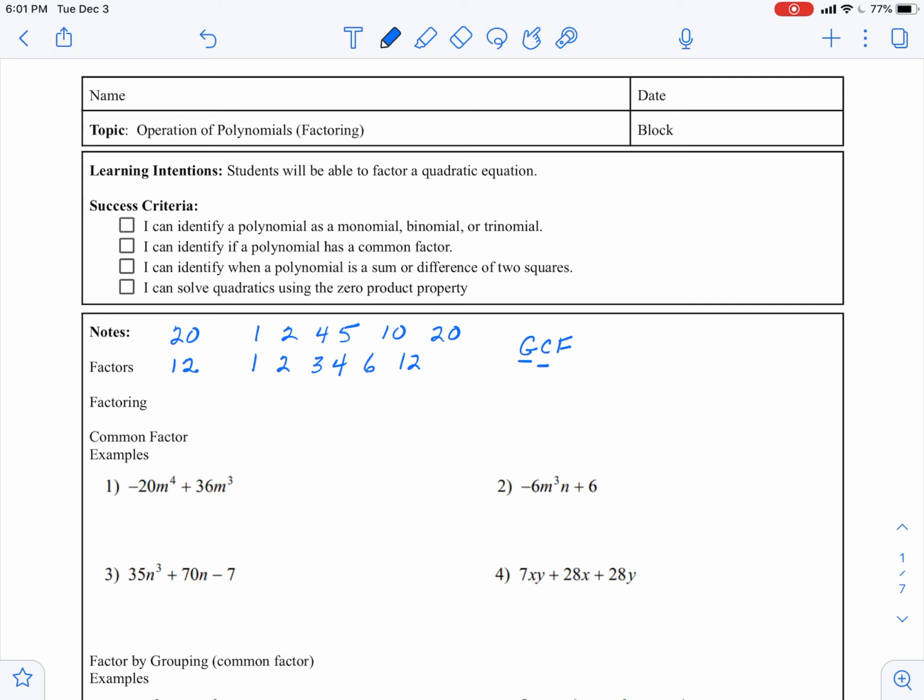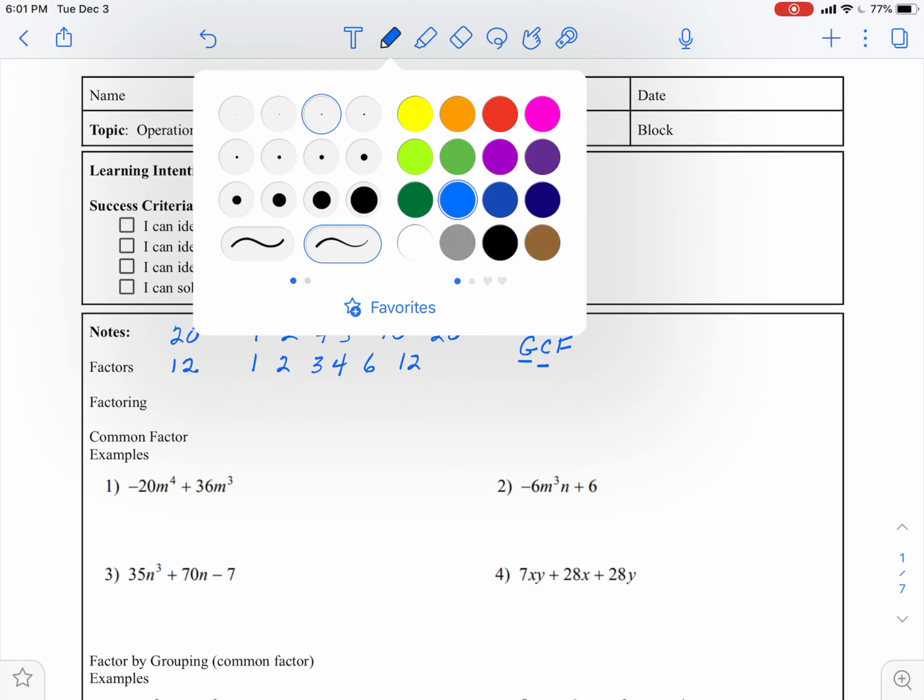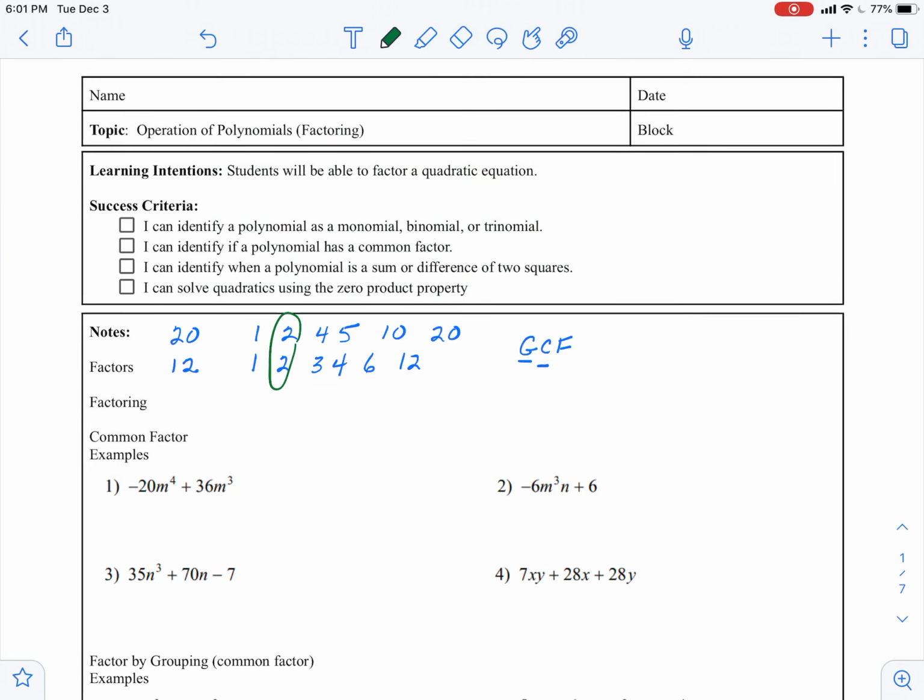And so when I look through here, I see that they in fact have the number 2 in common, and they also have the number 4 in common, and that's it. So in terms of what is their common factors would be 2 and 4, but their greatest common factor would be 4. Okay? So that's what we're going to be looking at here. That's what we're talking about, is what is the greatest common factor.